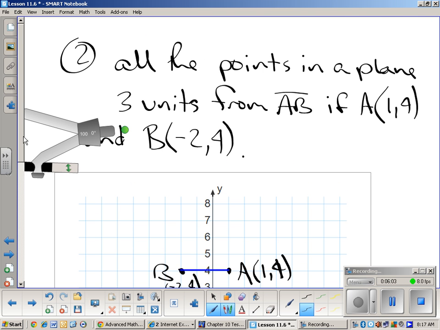All the points in the plane 3 units away from this segment.